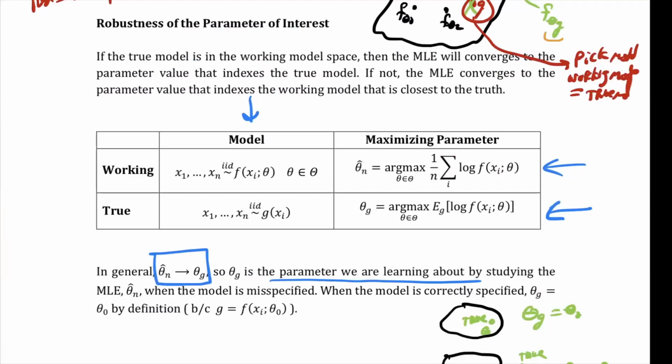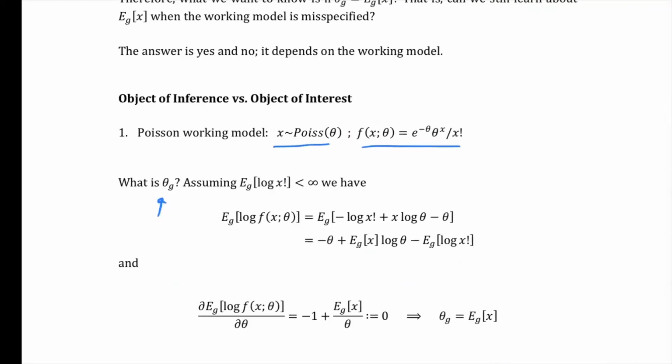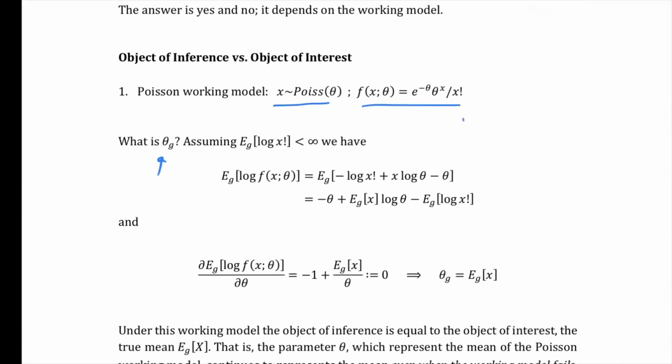Theta G is the argument right here. It's the argument that maximizes the expected log likelihood. So theta G is equal to the argument that maximizes the expected log likelihood.